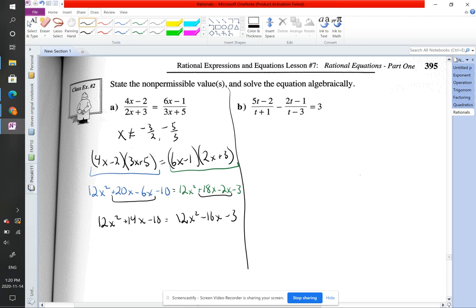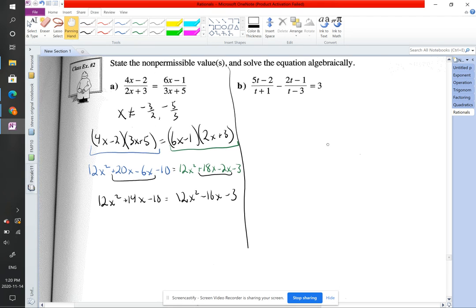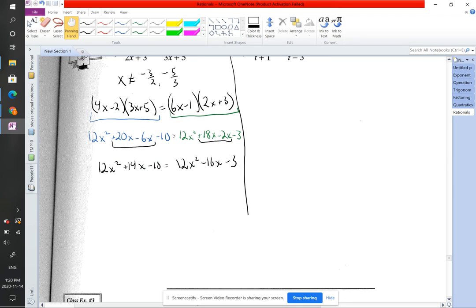So we can do a little bit of kind of fancy math here if we want. Well, maybe I'll just go through it step by step. So I can subtract 12x squared from both sides, and you're going to see that it actually cancels right out, which is awesome.